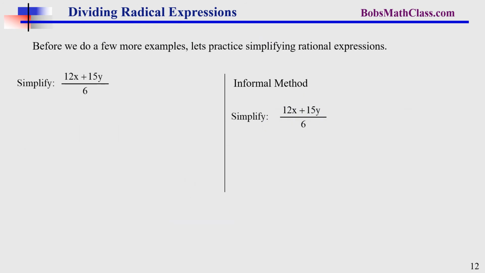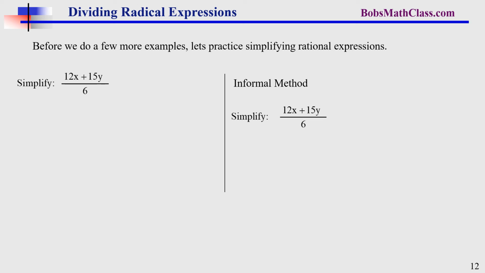Okay, before we do some more examples, I want to show you a little shortcut. Okay, so let's look at this rational expression here. 12x plus 15y over 6. The proper way to simplify that is to factor out the GCF in the numerator.